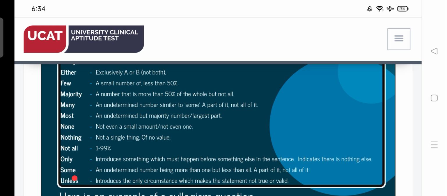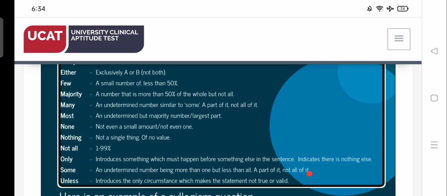Some, an undetermined number, being more than one but less than all. A part of it, not all of it. So some means more than one but less than all, not all of it.